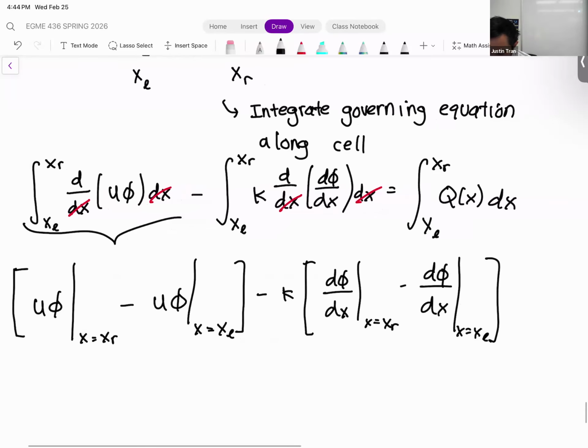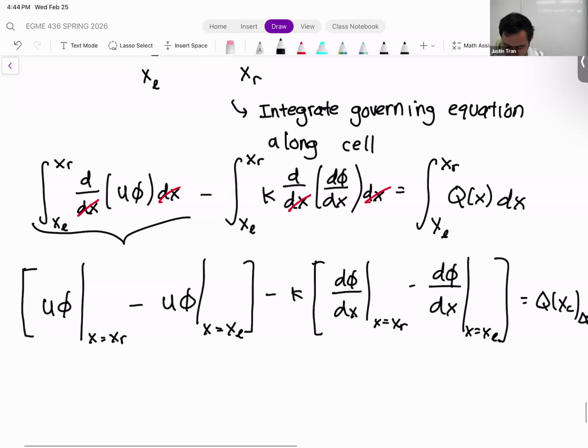And then on the right-hand side, we have q at x_c multiplied by delta x, where delta x is just the difference between x_R and x_L.